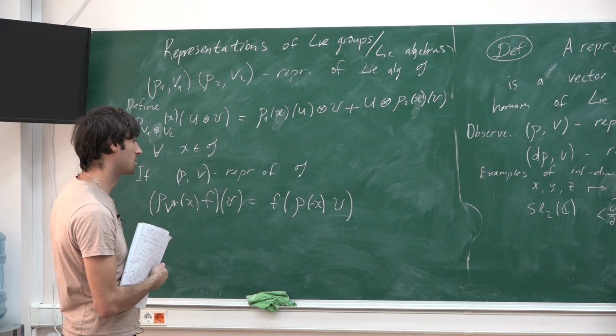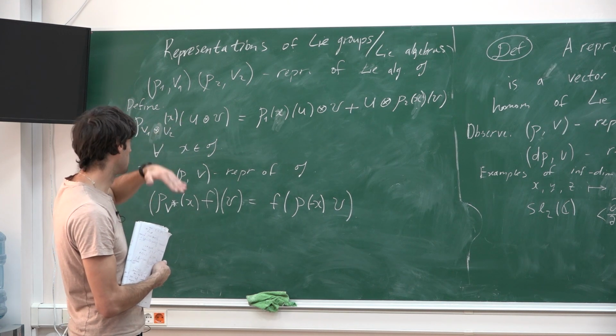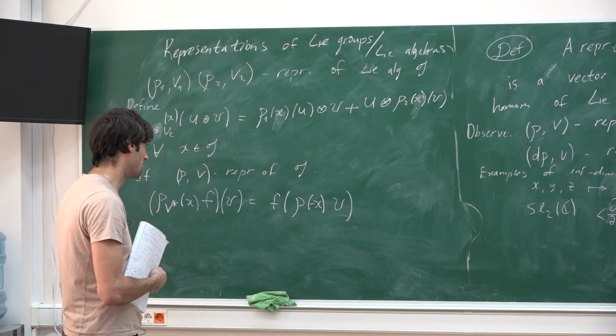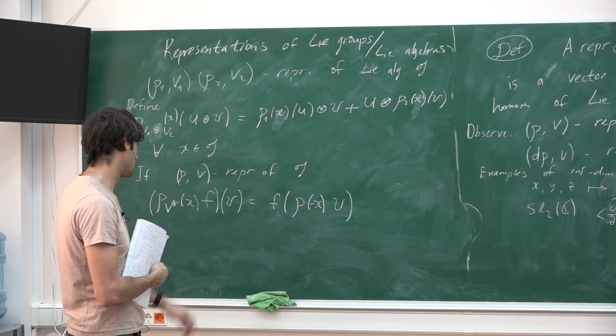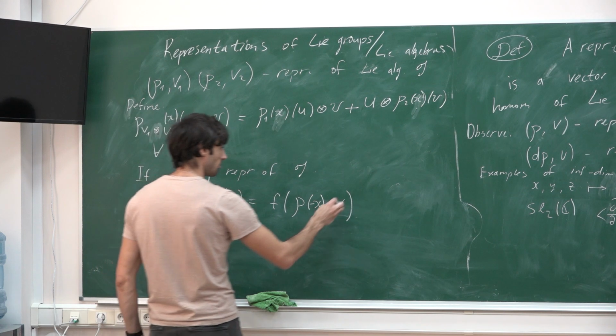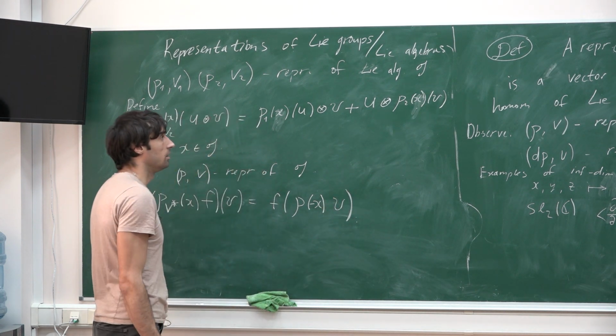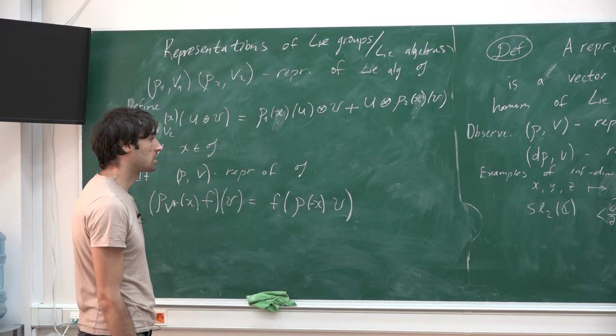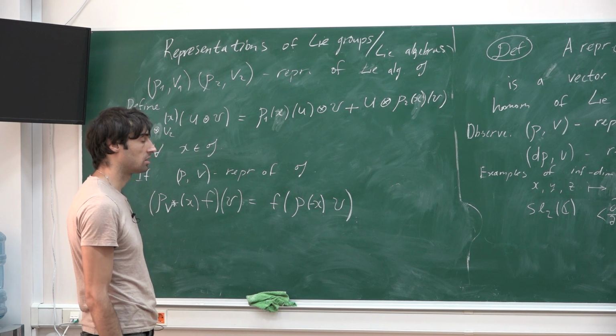So this is consistent with the Lie group structure on the tensor product and dual. Okay, I guess we will end our lecture here.